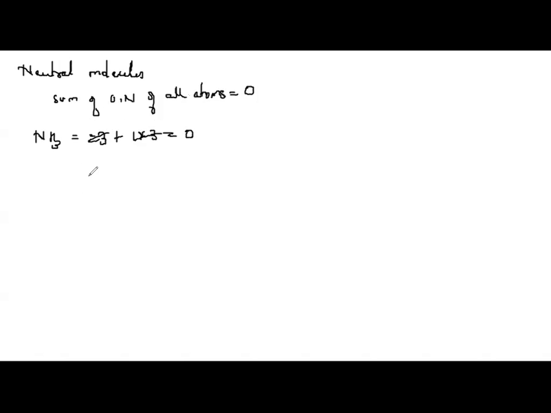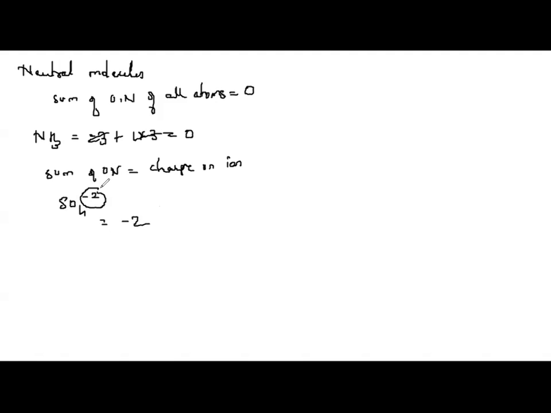If you take a complex ion, the sum of the oxidation numbers will be equal to the charge on the ion. For example, SO4 2-. So the oxidation states of sulfur and 4 oxygen atoms will add up to -2, because the charge on the ion is -2.